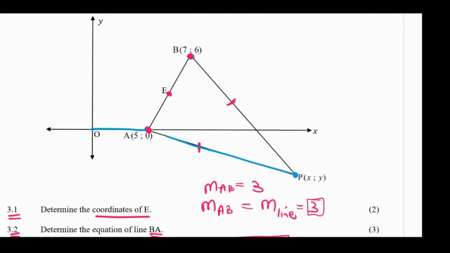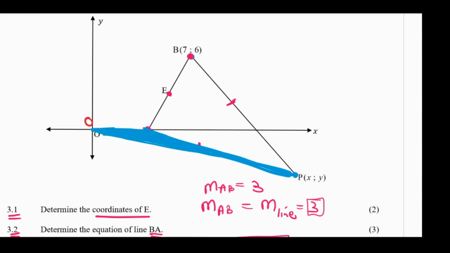I'm just going to, so even though my triangle doesn't look accurate, let me just shade it. So this is what we are looking for. We are looking for the coordinates of P, and we are given this area here.